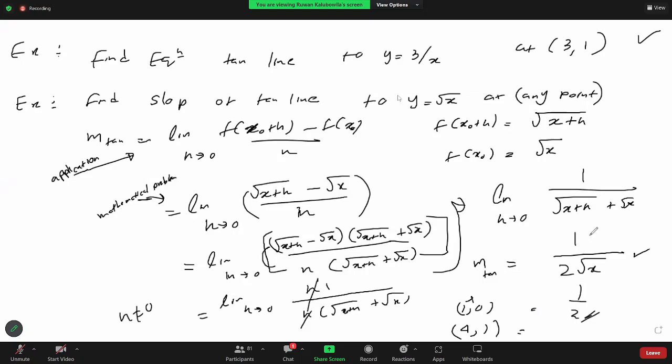Then the answer is 1 over 2 root 4, which means 1 over 4. Like that, you can find the slope at any points. So this is the equation type. So the equation for the slope. If you know the equation, you can find the slope at any point.